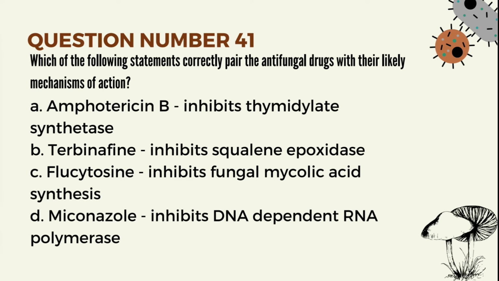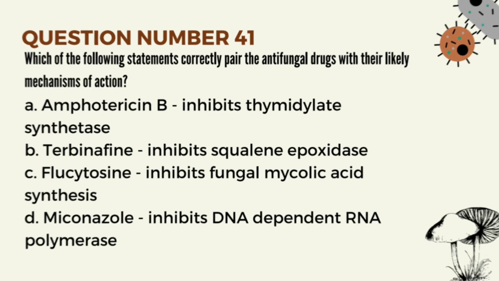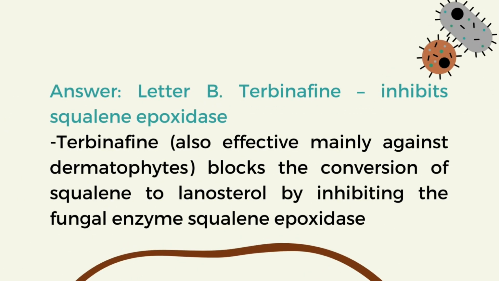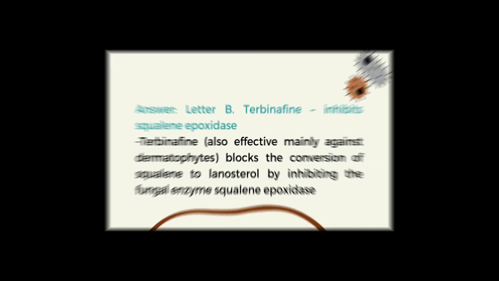Or D. Miconazole: inhibits DNA-dependent RNA polymerase. Answer is letter B. Terbinafine inhibits squalene epoxidase. Terbinafine, effective mainly against dermatophytes, blocks the conversion of squalene to lanosterol by inhibiting the fungal enzyme squalene epoxidase.